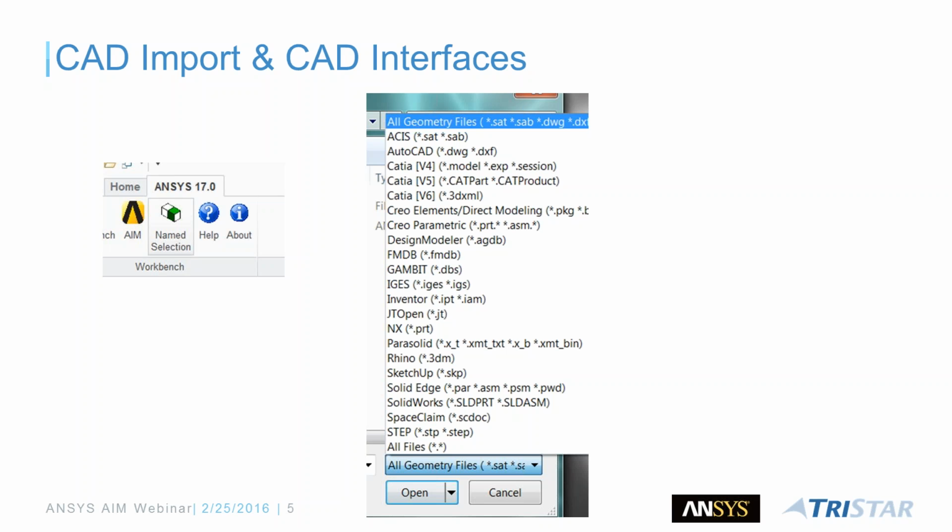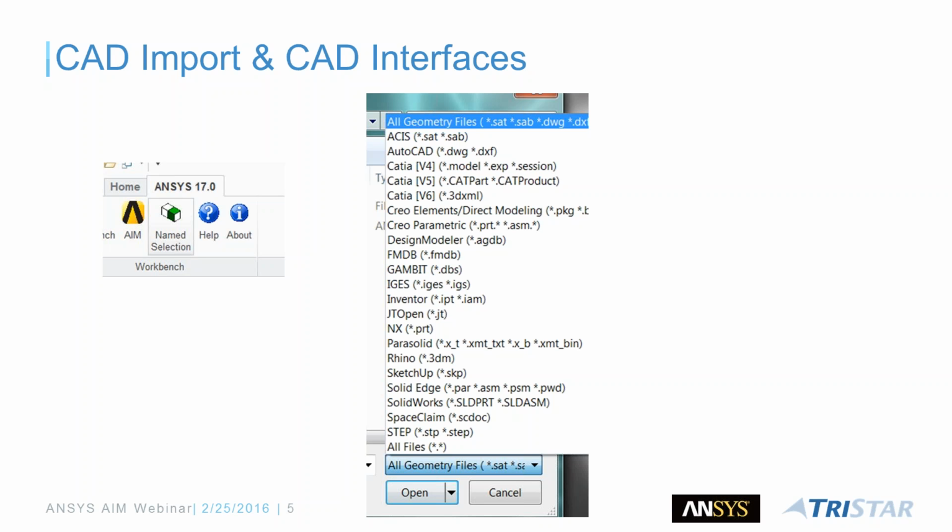I also have a screenshot there of Creo Parametric. If you use Creo Parametric, you have an interface to Ansys, so essentially you are working on or modifying your geometry in Creo Parametric, and that can be updated or synced in Ansys AIM.